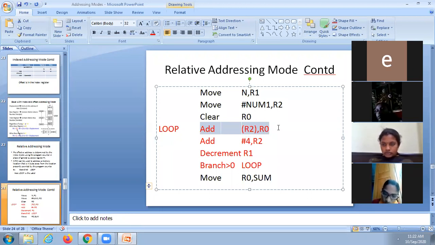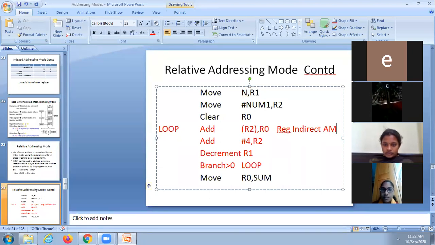This is an example of register indirect addressing mode.